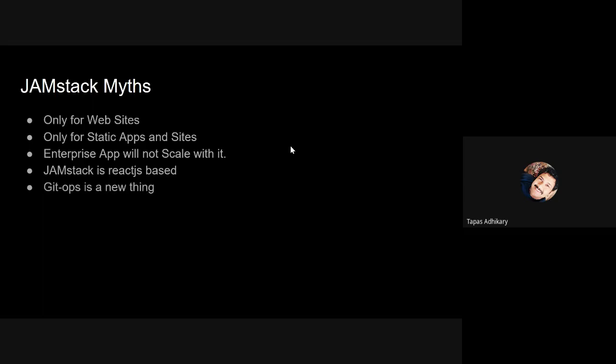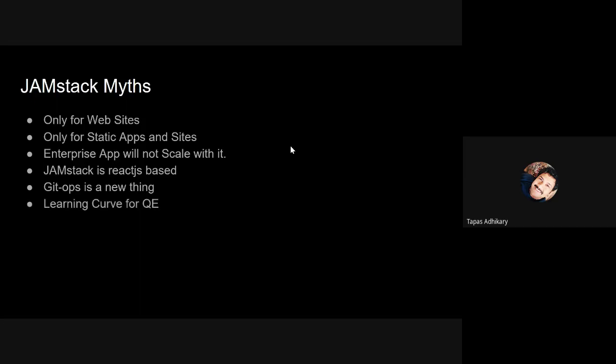GitOps is a new thing? People who are already aware of DevOps know GitOps is not new, right? In terms of DevOps, you have a paradigm of kicking off a build, then taking the output of that build artifact and putting it somewhere in the deploy. Now it will happen through a lot of tools, and things will happen automatically. But there is nothing as such new in GitOps. It is a term that is associated with JAMstack, so I thought of clarifying that.